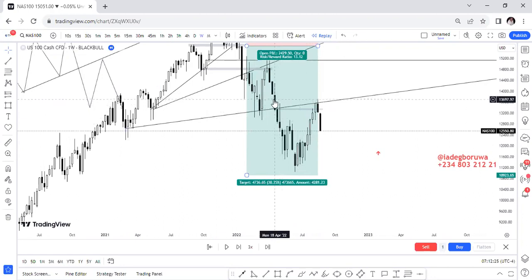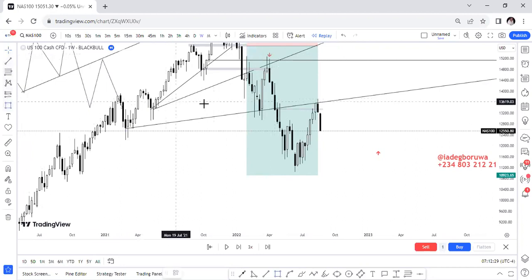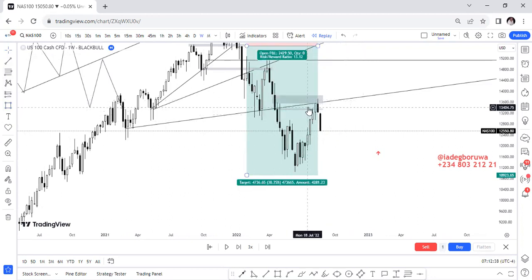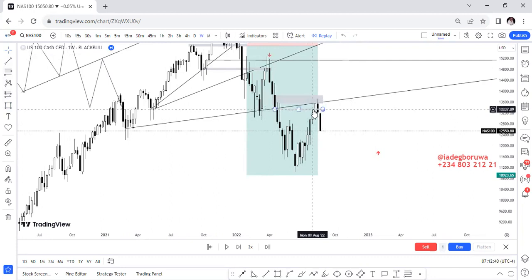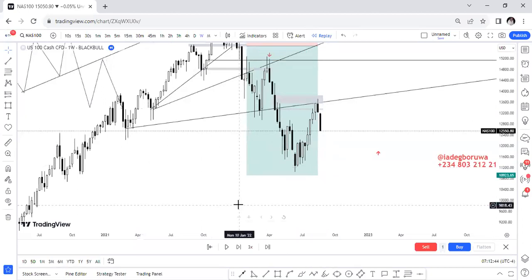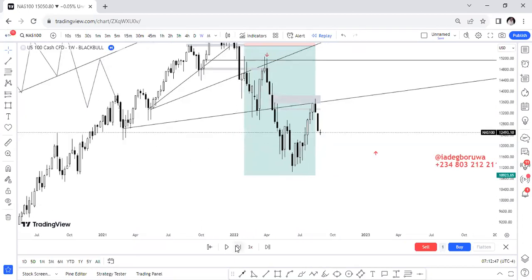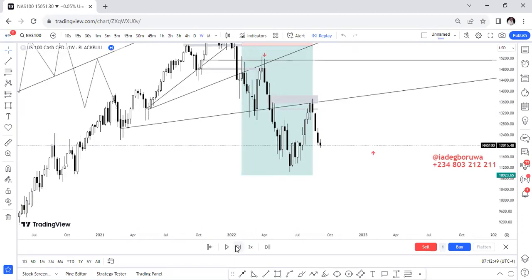They kind of look like your normal fair value gap. If you want to combine that, normal fair value gap, can you see that? They intersect at the same point. Our price continues moving downward.